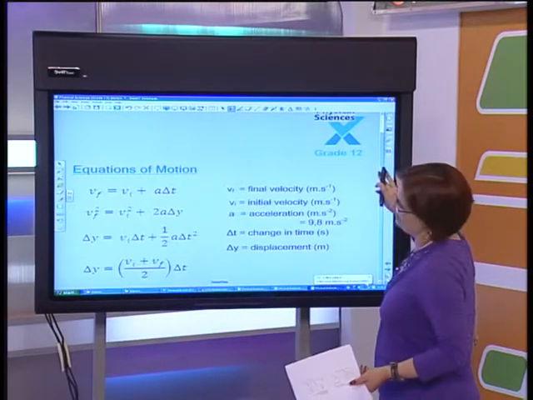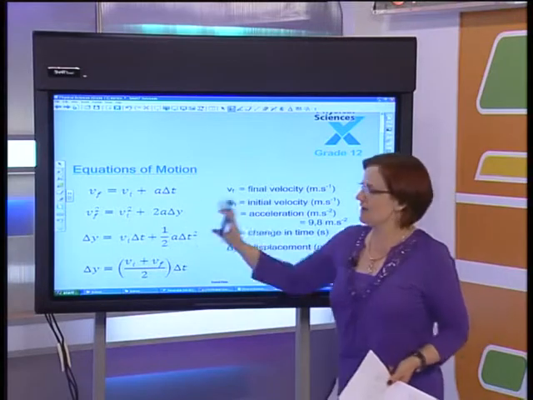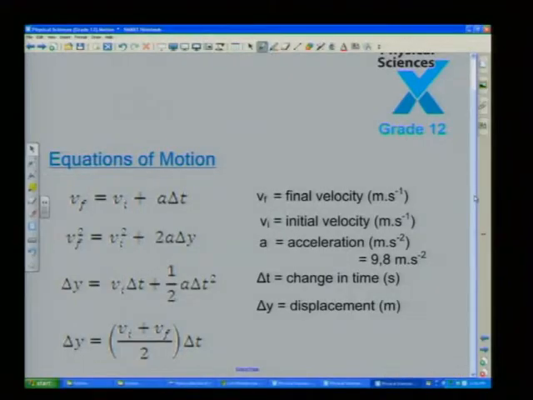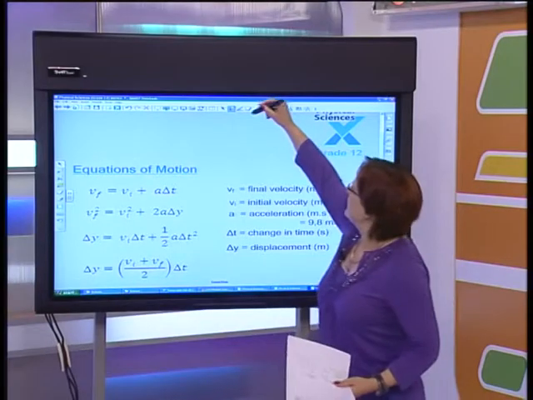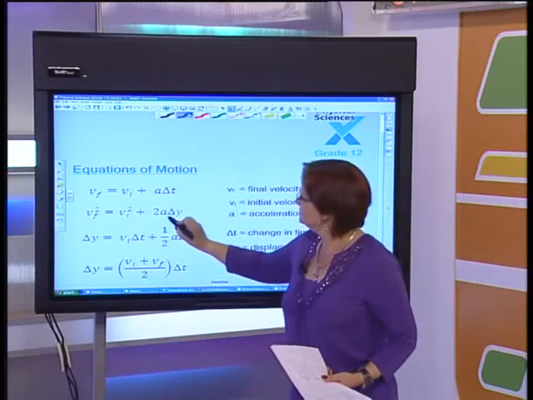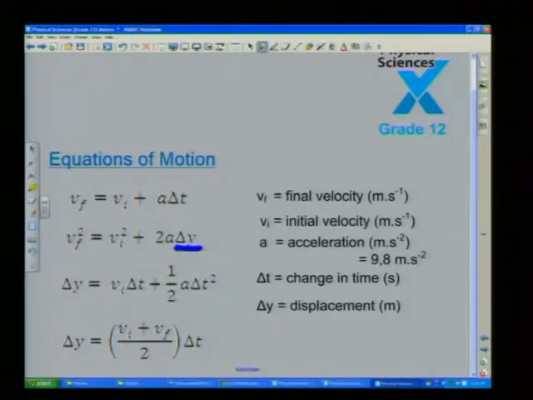Well, in terms of calculations, your equations of motion still stand, and I'm hoping you recognize these, okay? So we know that final velocity, Vf, is equal to Vi plus a delta t. All four of these will be given on your information sheets in your exam, which is great. I just want to highlight one thing for you, because this becomes a problem. I have delta y there, and there, and there.